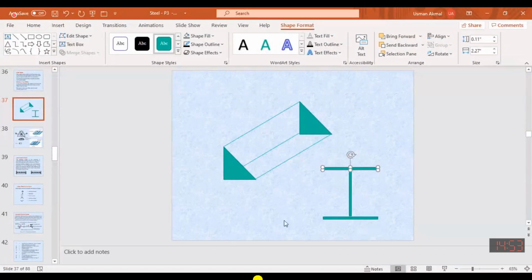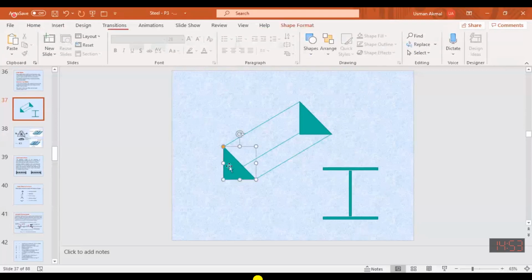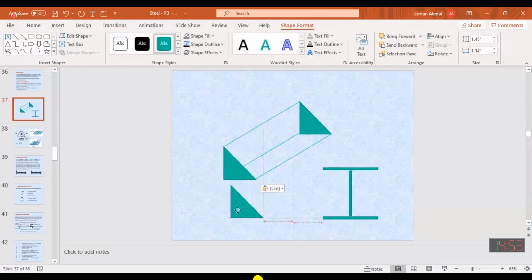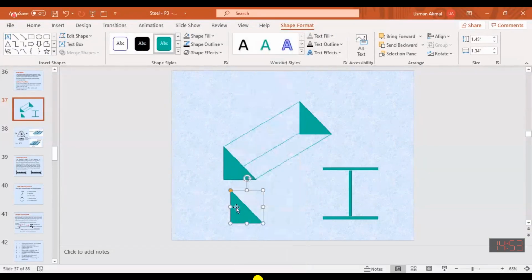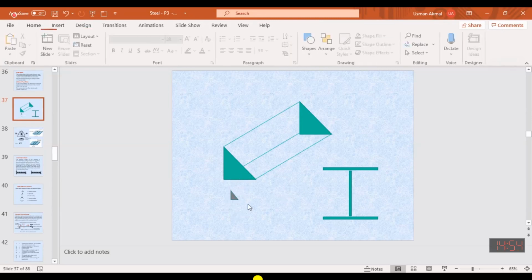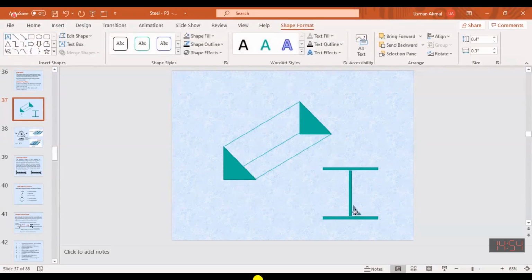So from the cross section, we need to provide the weld on the one side and similarly on the other side also.